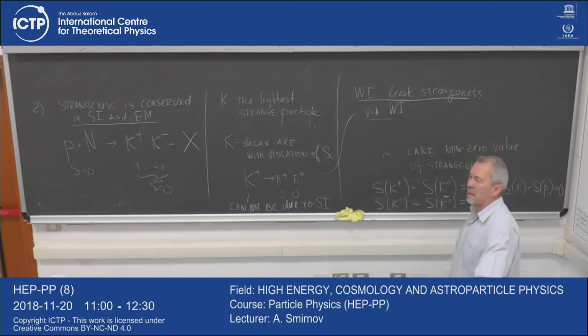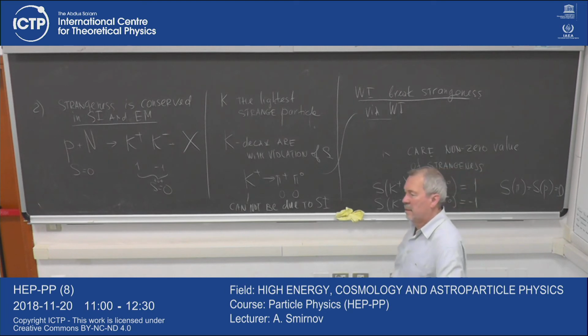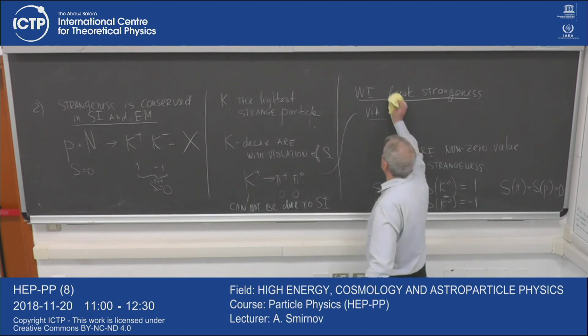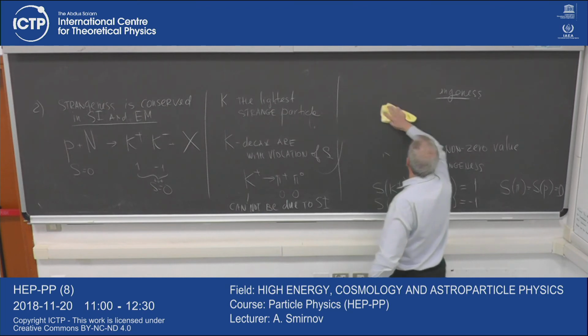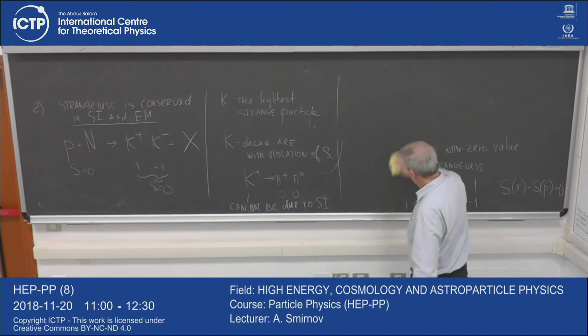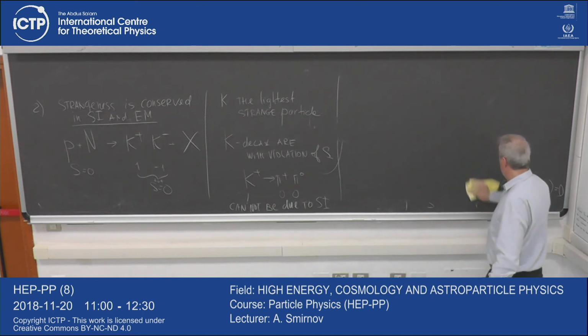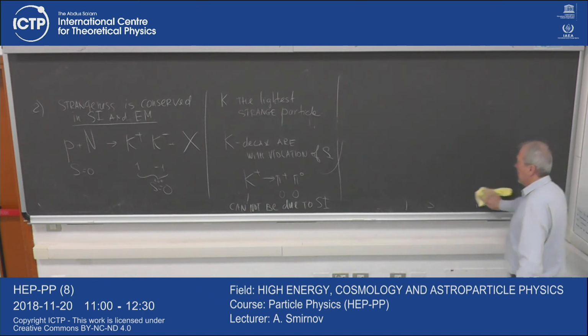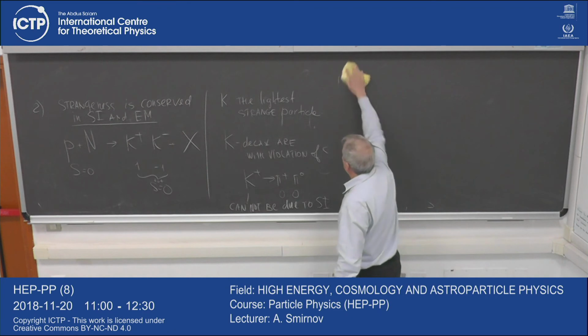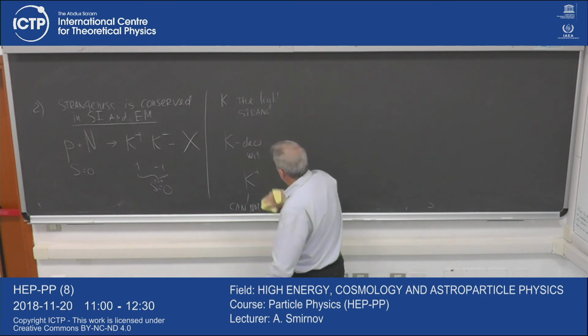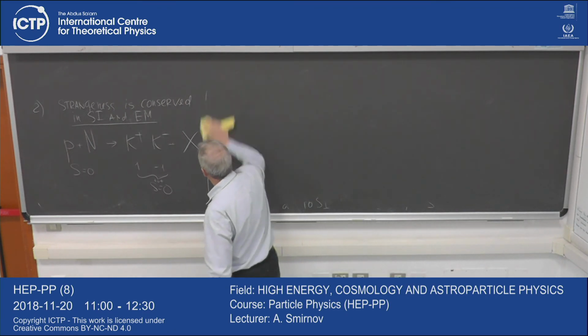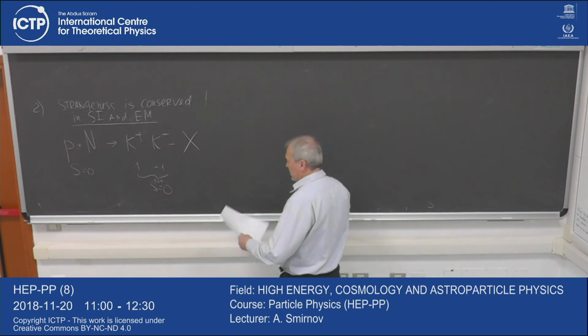But is it possible to have a strange particle which is heavier than the K meson, with a particle in between them that has no strangeness, and can that particle decay to those particles? Yeah, this is what I want to say next. After K mesons, some other strange particles have been discovered with a bigger mass.